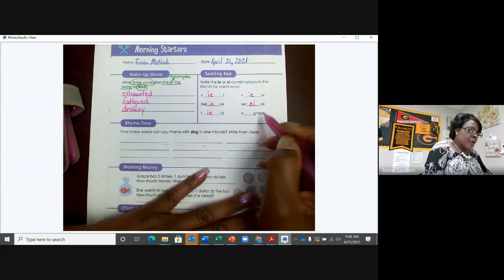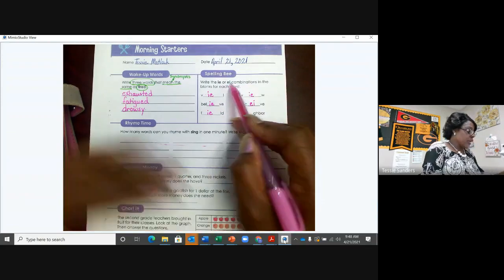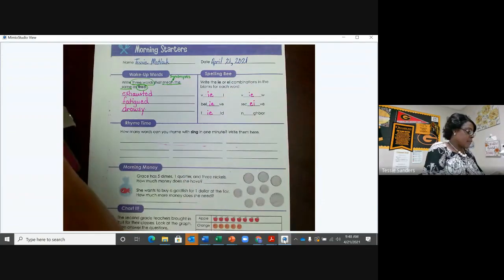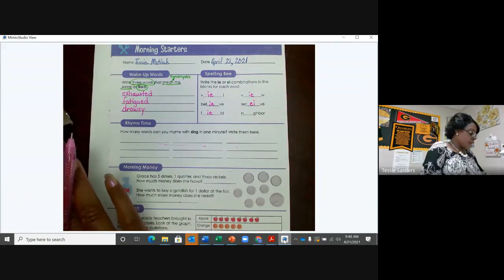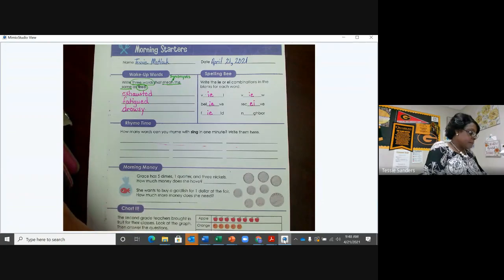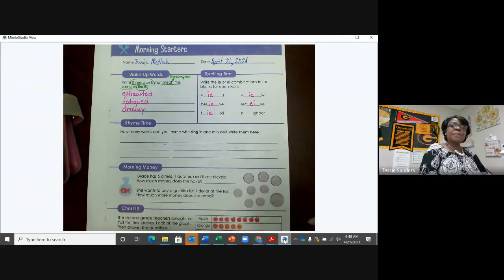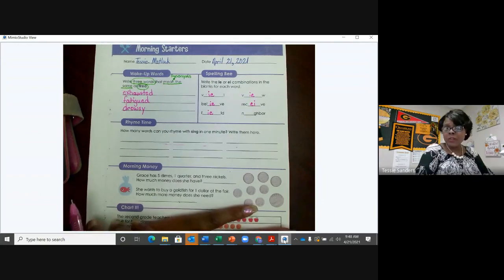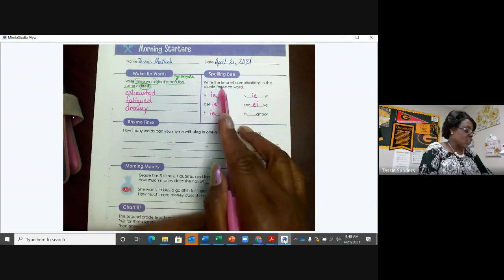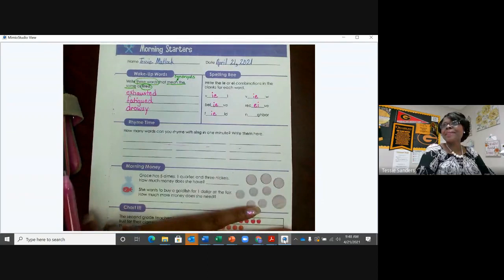And neighbor, will we use IE or EI? As you think about that, I'm typing it in. Practicing using our resources. What do you think? Will it be IE or EI?